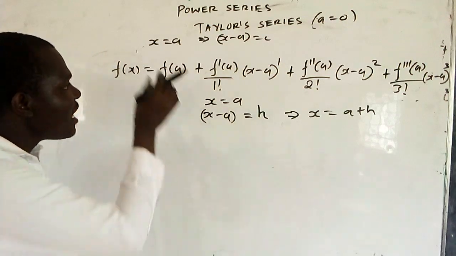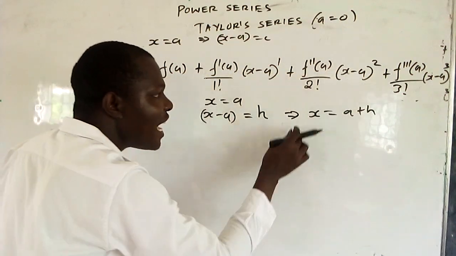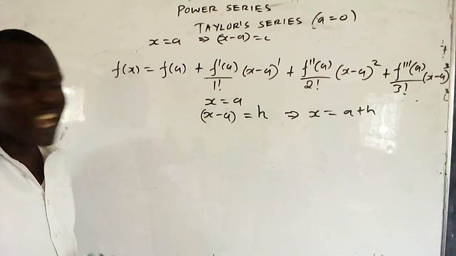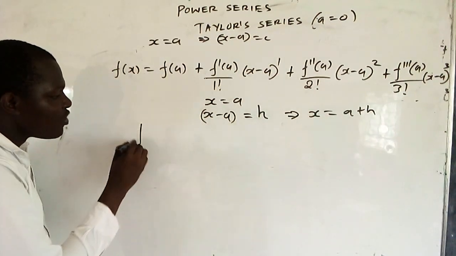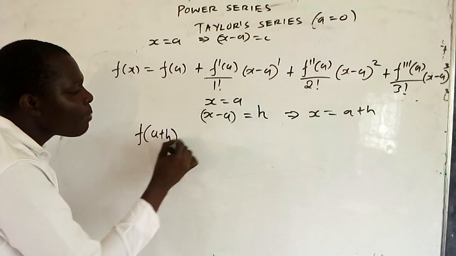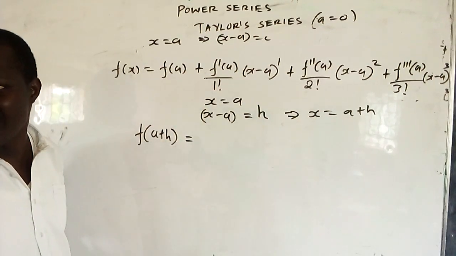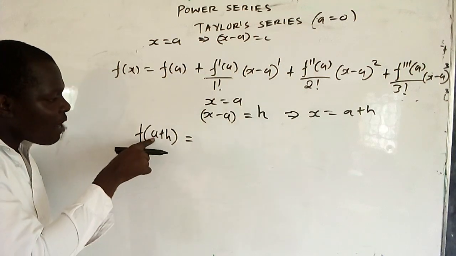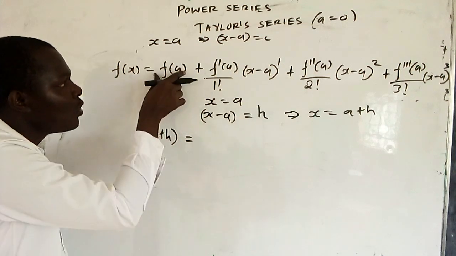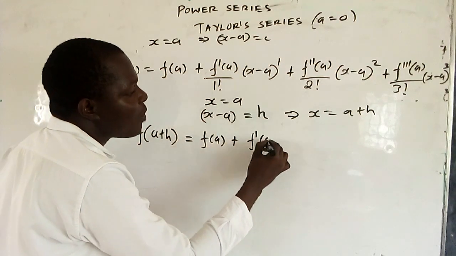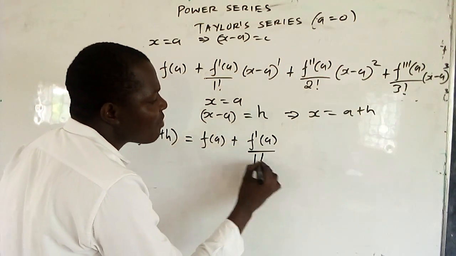So it means in this Taylor series, anywhere you see x, you put a plus h. So we have x here. It means we are going to have f of a plus h, because x is the same as a plus h. So here we have f of a plus h equal to f of a, move on, plus f prime of a over 1 factorial.